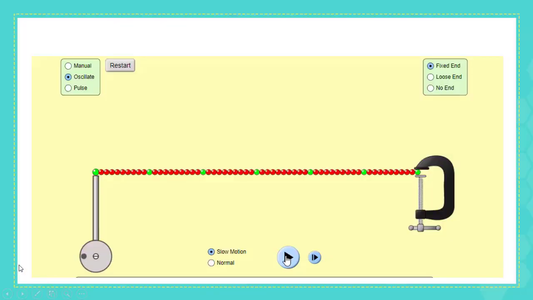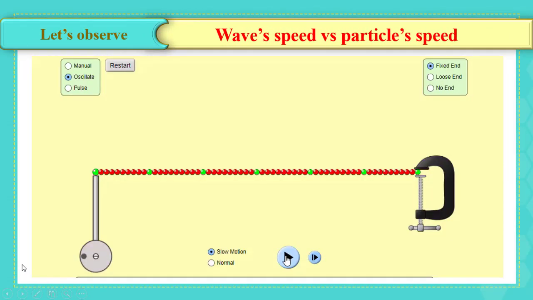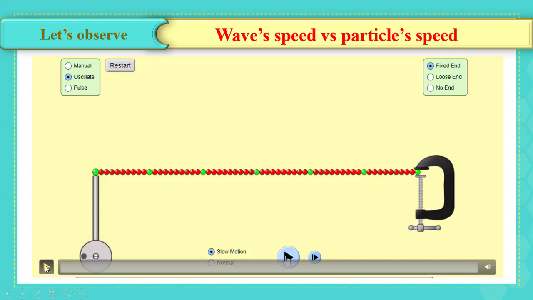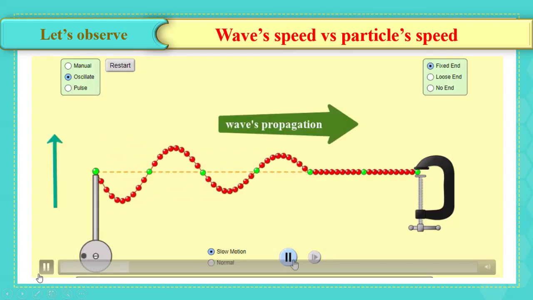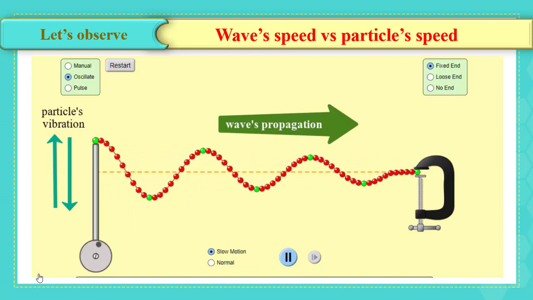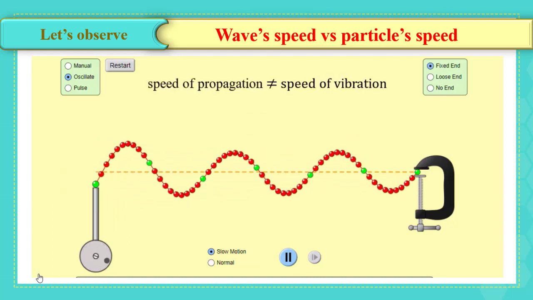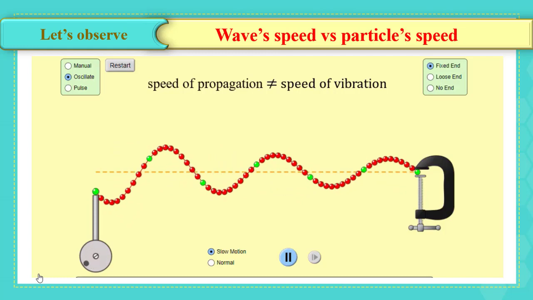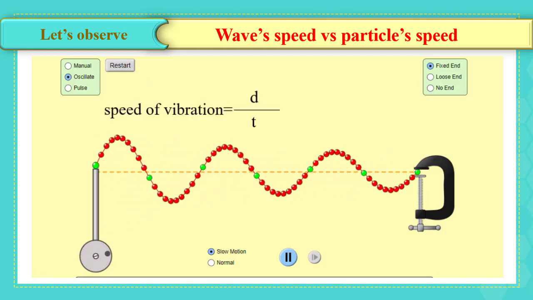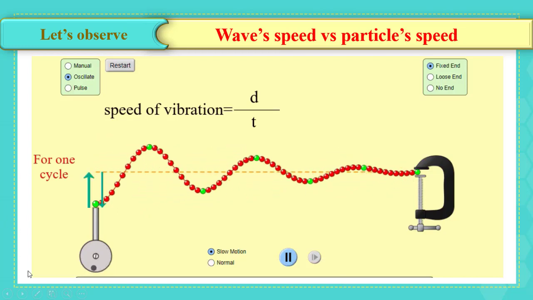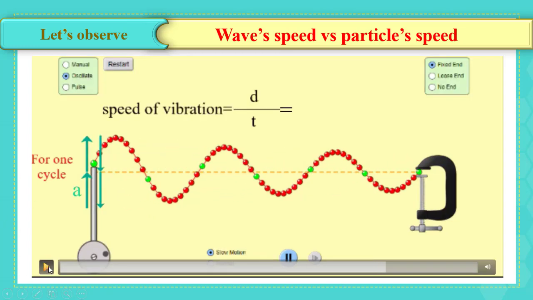We have mentioned the way of calculating the wave's speed, but what about the particle's speed? When a wave is generated, particles will vibrate. But the speed of propagation is different than the speed of vibration. The speed of vibration is calculated by dividing the distance traveled by the particle by the duration of time.